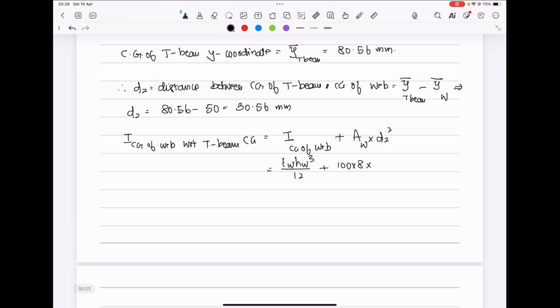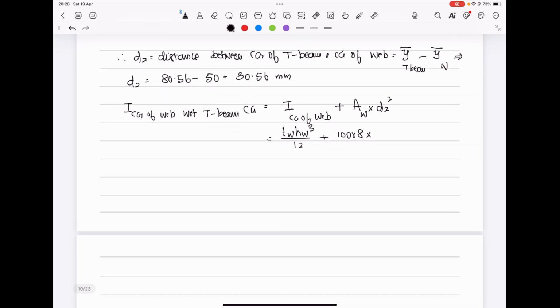D2 is 30.56 whole square. What is TW? Thickness of the web is 8, height of the web is 100. 8 into 100 cube by 12 plus 100 into 8 into 30.56 whole square.